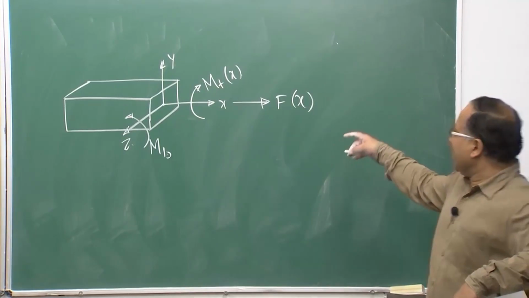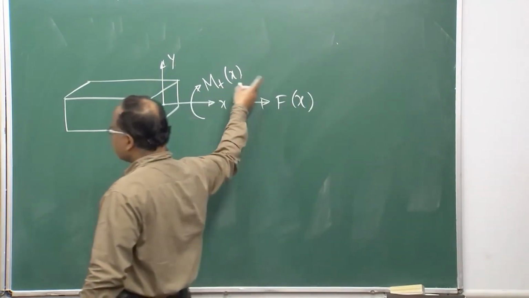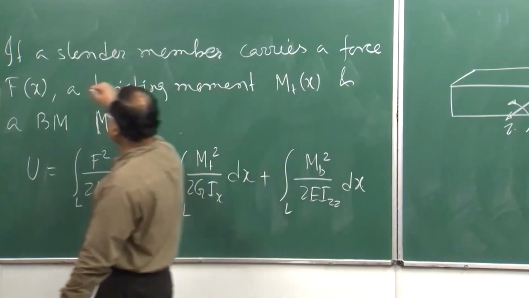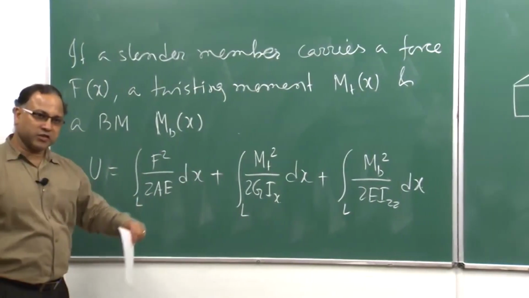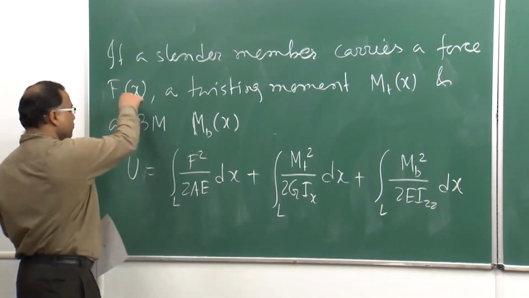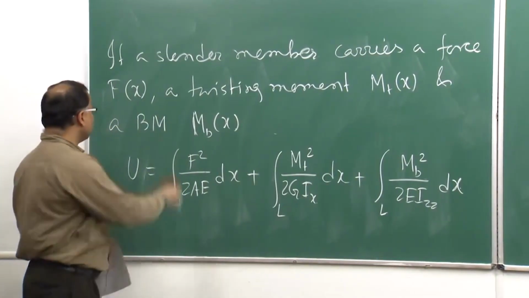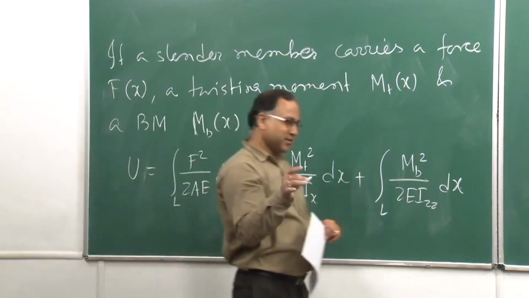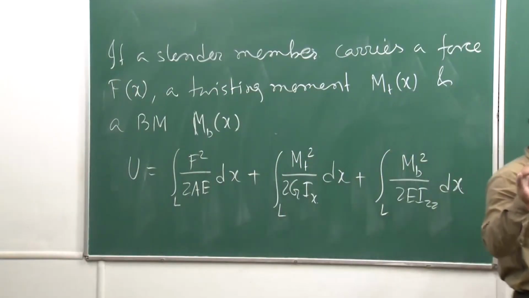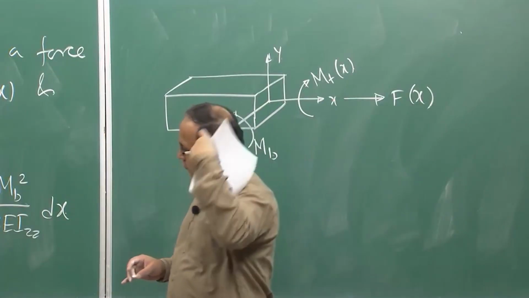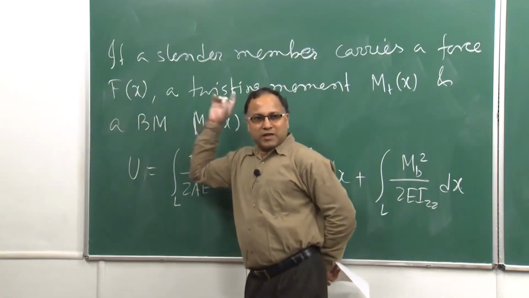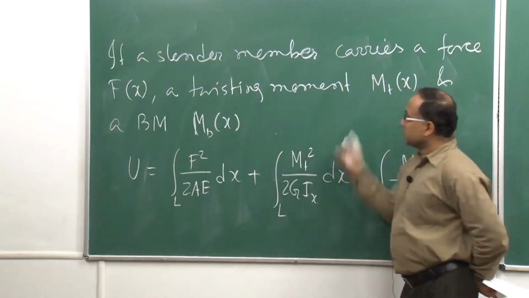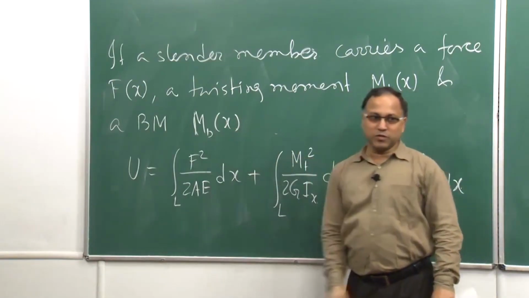I have written x here for Fx, this is not a function. F is a constant, along the x axis. So, do not get confused with that. It is not as per our mathematical notation, this is not a function of x, rather this is the axial force along the x direction, this is the twisting moment with respect to the x axis, and this is the bending moment.